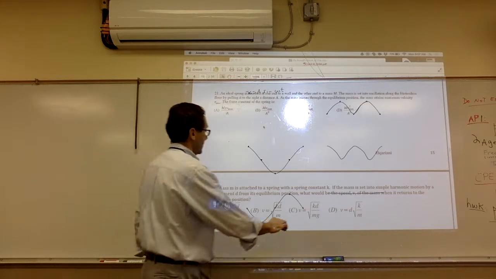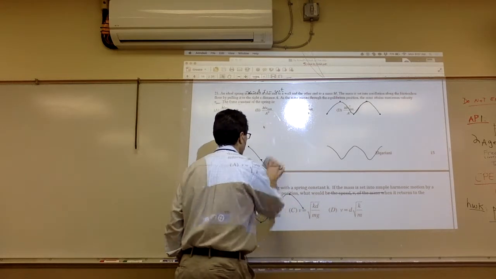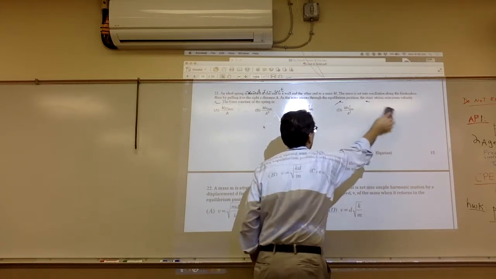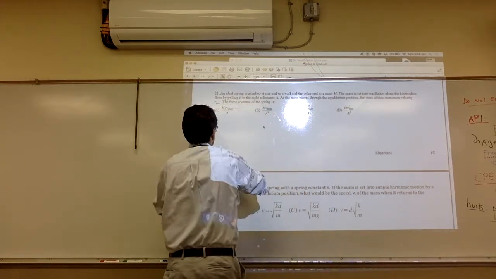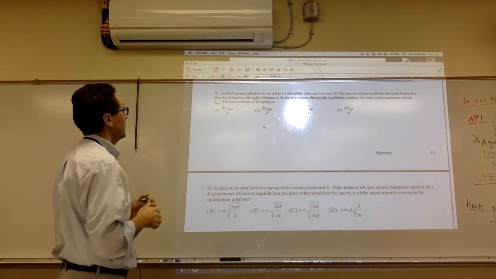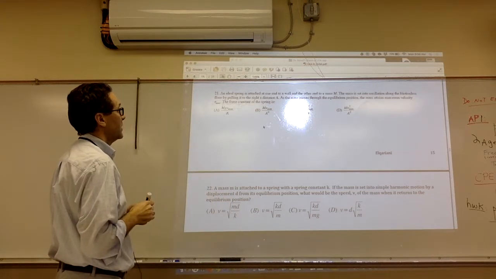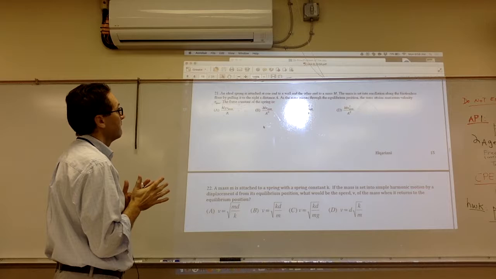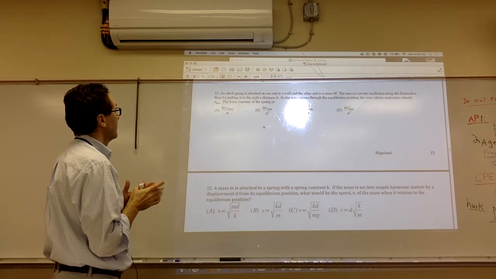Okay. For number 21, an ideal spring is attached to one end of a wall and the other end to a mass M. The mass is set into oscillation along a frictionless surface.